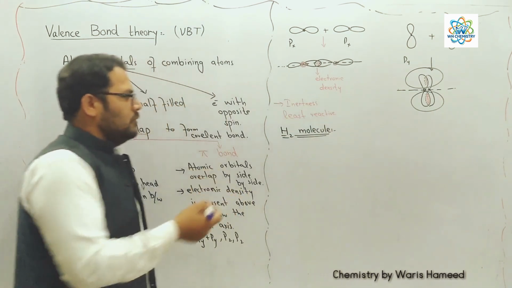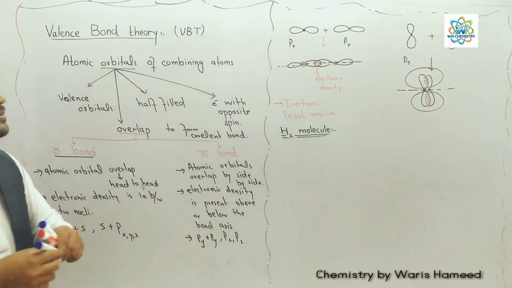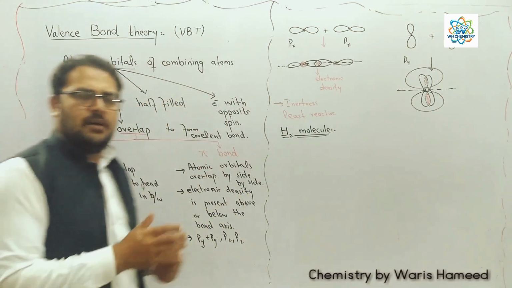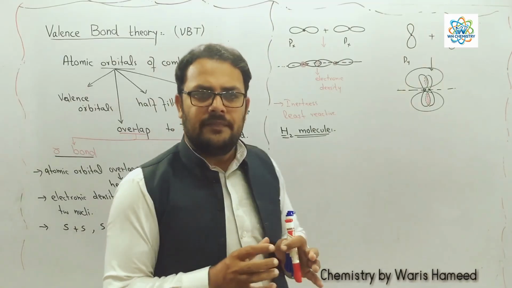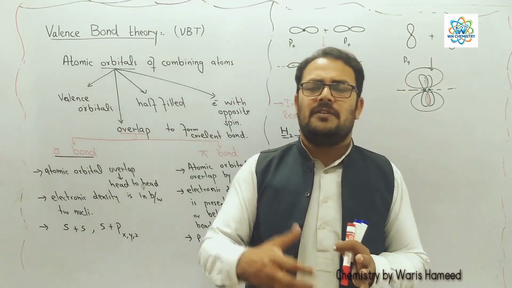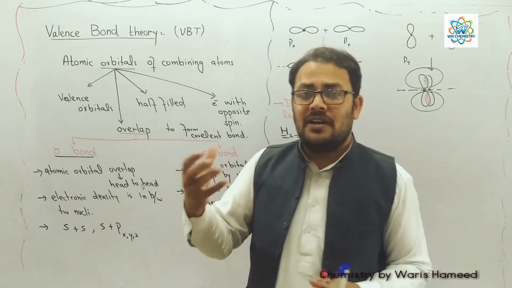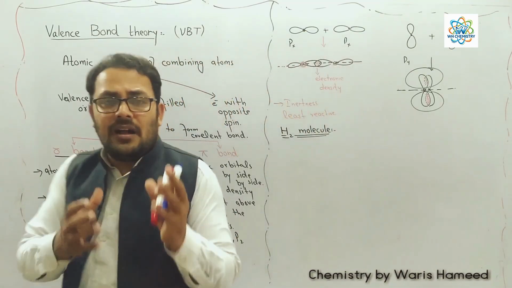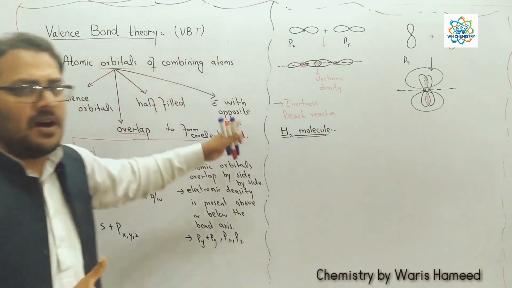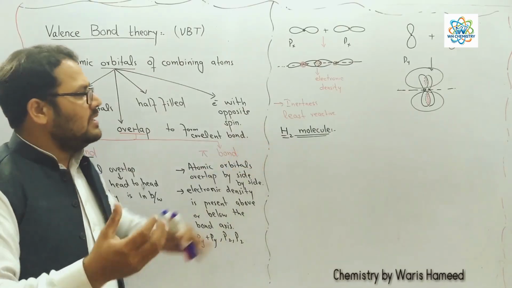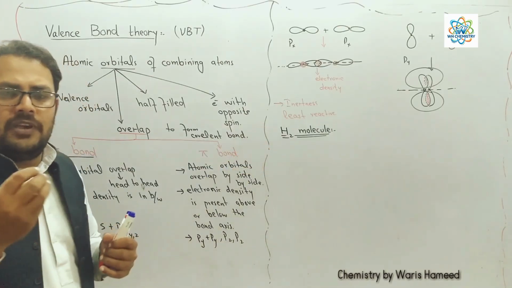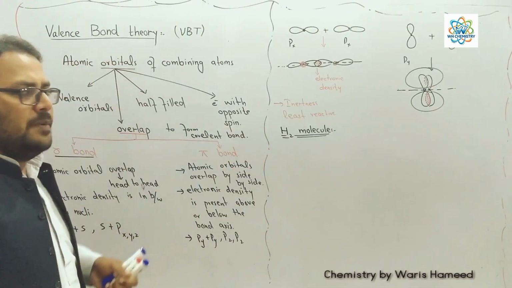Before going to discussion of the molecules, VBT tells us about the bond length. It tells us about the formation of bonds and bond energies, and it also tells us about the shape of a molecule. These are a few things that we can find according to VBT.